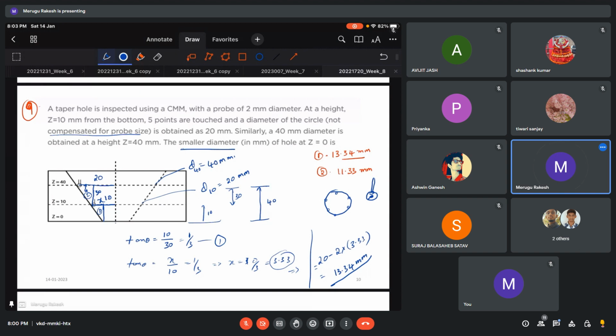So there are many ways to see this smaller diameter. One is you already have 40 and 20, so this will be the smaller of these three. The second is, suppose someone is working with this 2 mm probe and adds this 2 mm in the calculation itself, they might end up with something like 15.34. So the minimum will be 13.34, the center to center distance.